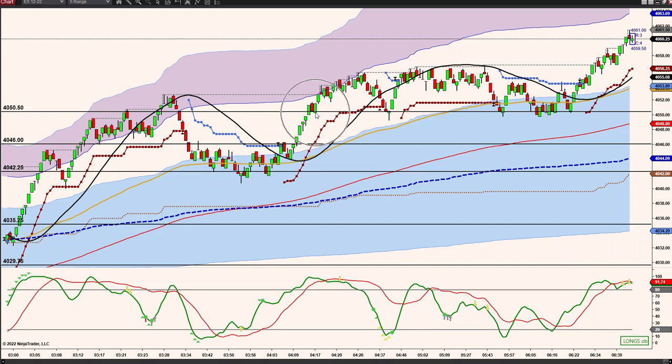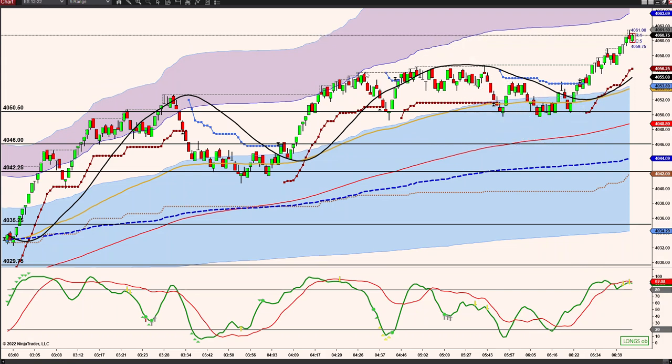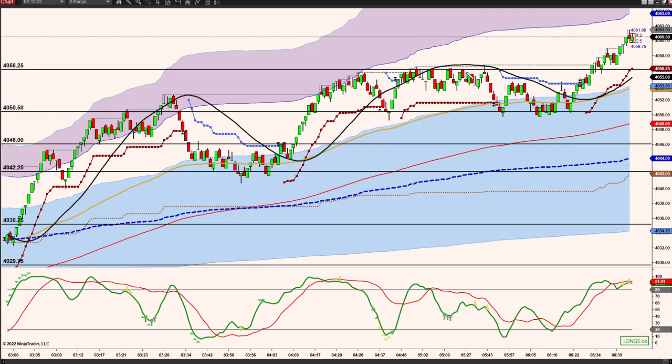It gets through here again, but then when it pulls back, it's using that area as support. Support here was resistance here. Same here, holds the same area, holds the same area, and then you can see here where it was creating new highs of the day this morning. You'll see that it created a resistance area.